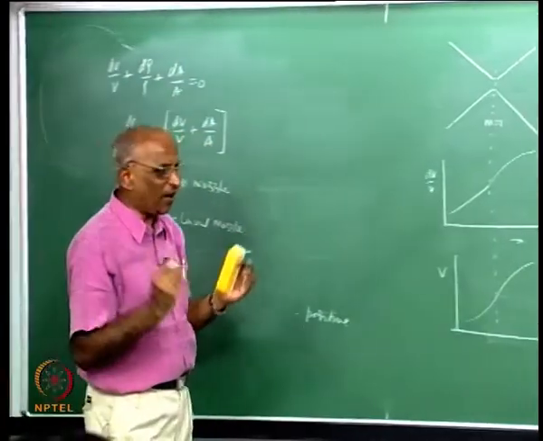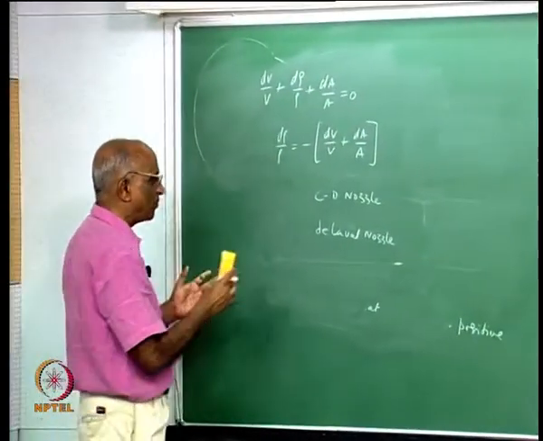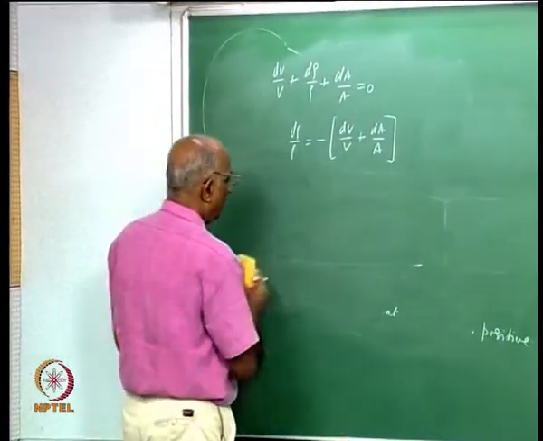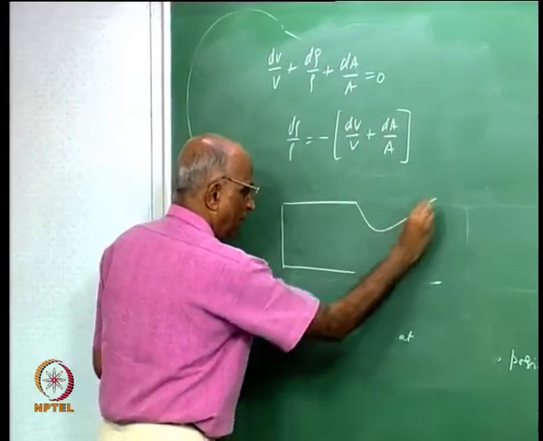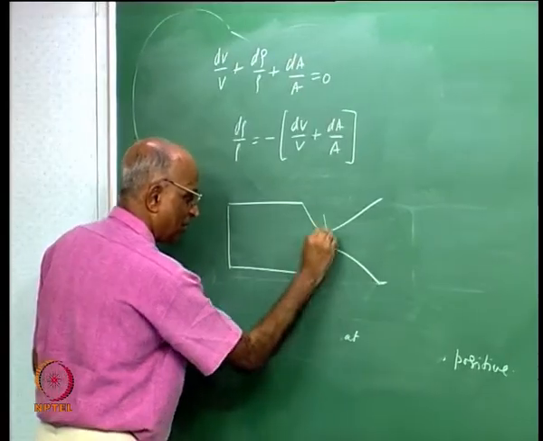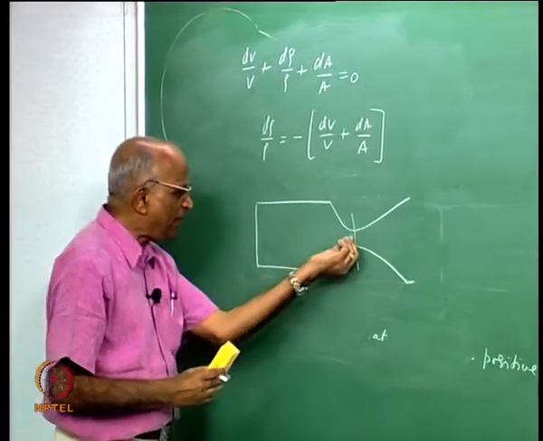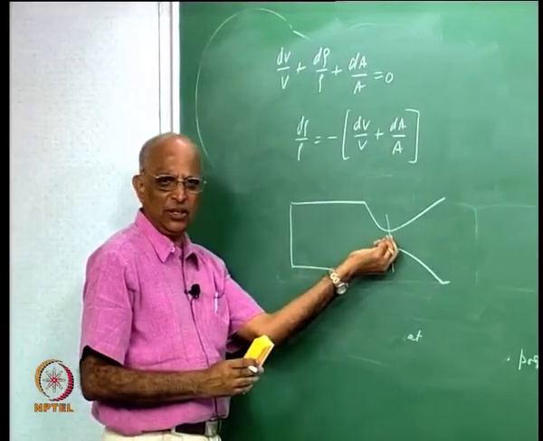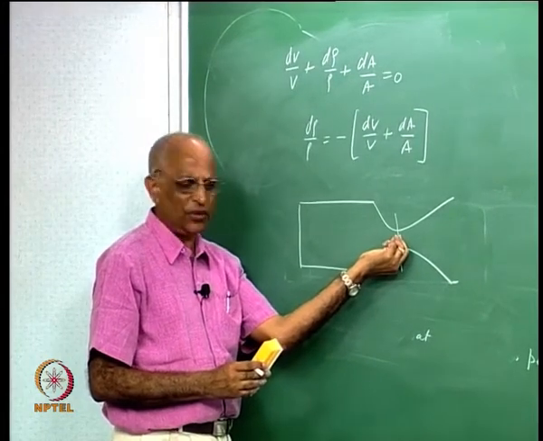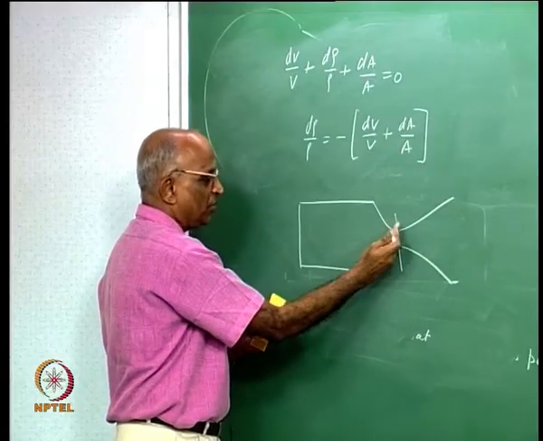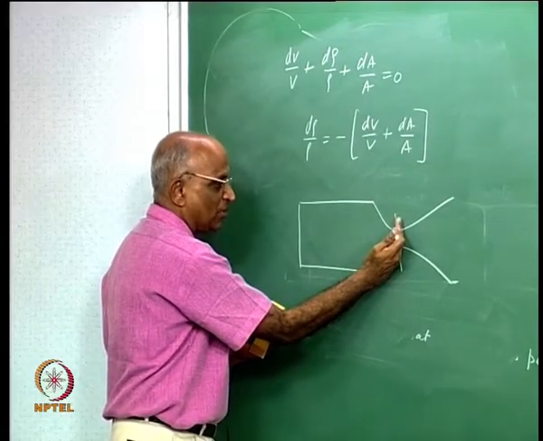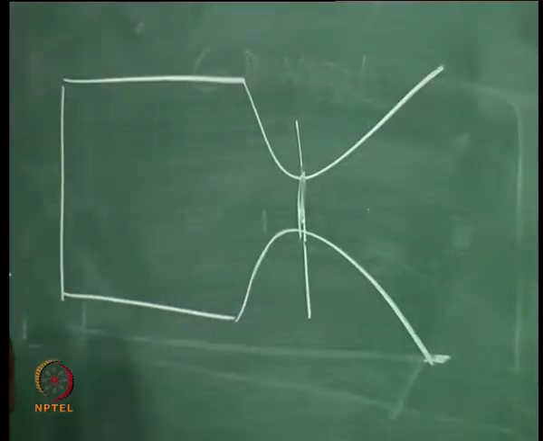In fact, when we get into the problem of combustion instability, we will find that when I have a rocket with a convergent divergent section like this, the rapid change in density over here acts as if it is a solid. There is a very rapid change, therefore it tends to be a closed end and not an open end. We will come back to this, and this is important.